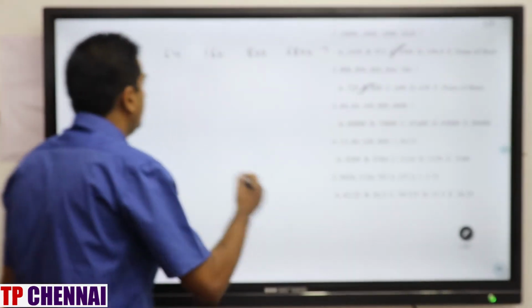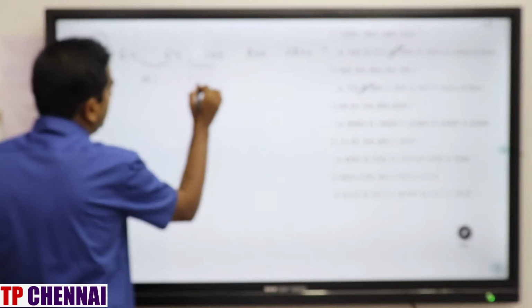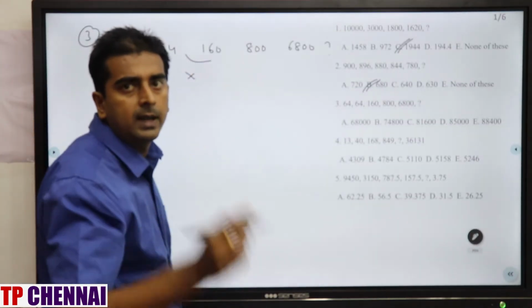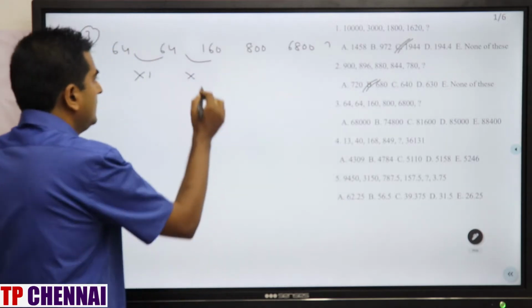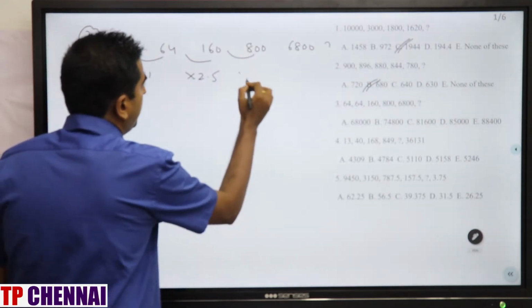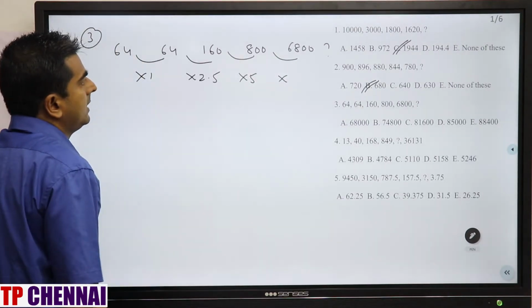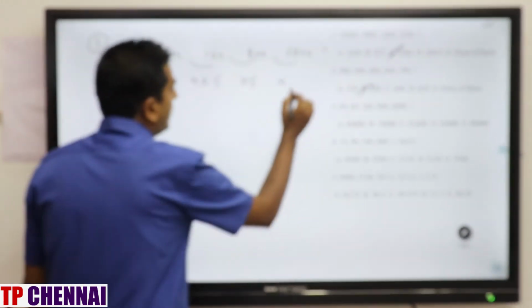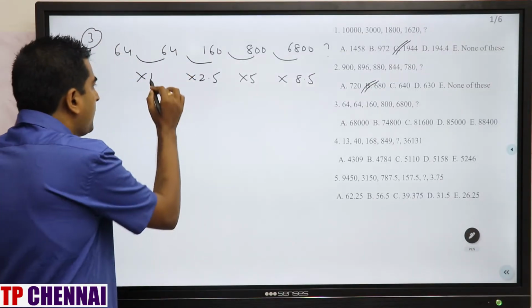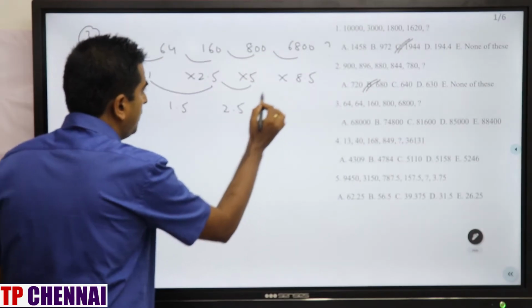That means this follows multiplication. This is into 2.5, 64 into 2.5 is 128 plus 32, 160. This is into 5. So this will be how much? 0, 0 will cancel. 8 8s are 64, 8.5. So here the difference is how much? 1.5. Here the difference is 2.5.